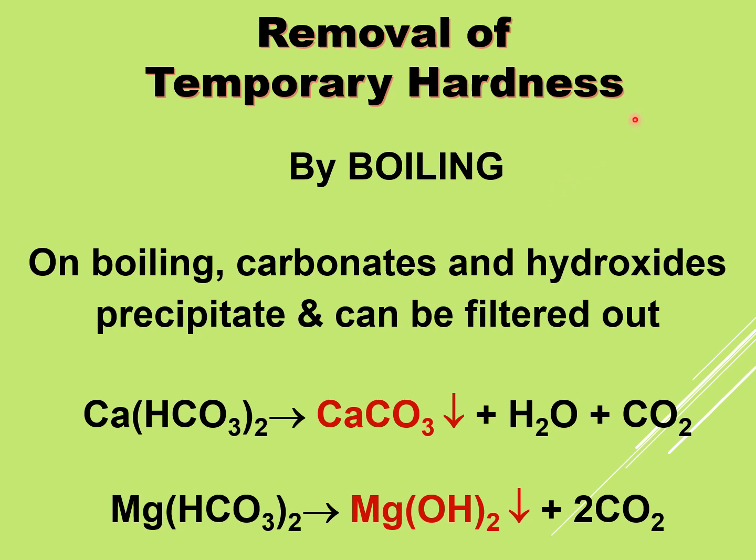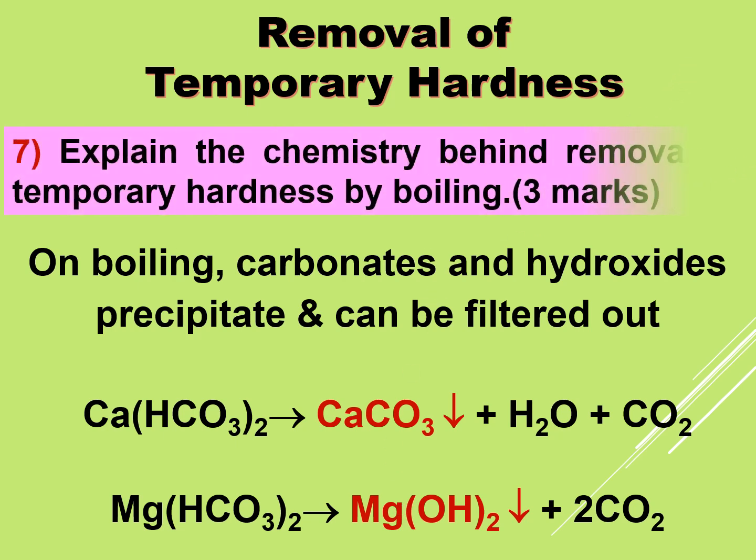So this is the chemistry behind removal of temporary hardness by boiling. That is your next question: Explain the chemistry behind removal of temporary hardness by boiling. So this is the answer. On boiling, carbonates and hydroxides precipitate out and can be filtered, and you have to give these reactions also.